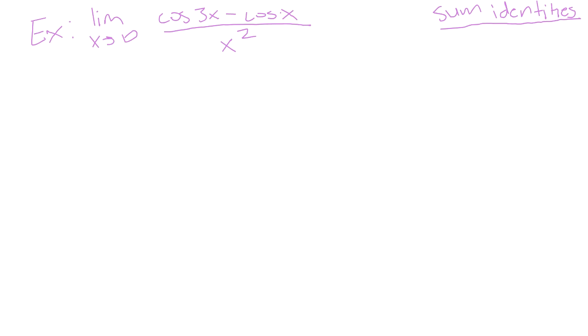But what we can do is there's a sum identity that says that if we have the cosine of A minus the cosine of B, we can change that to where it equals -2 times the sine of A plus B over 2 times the sine of A minus B over 2.